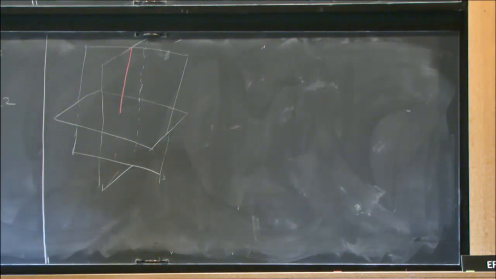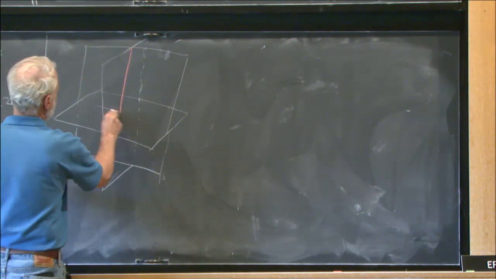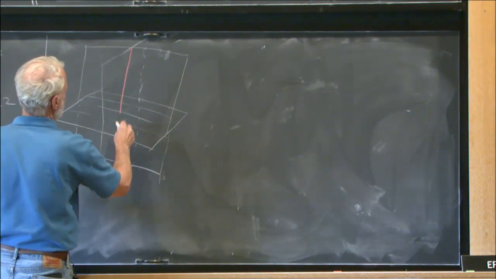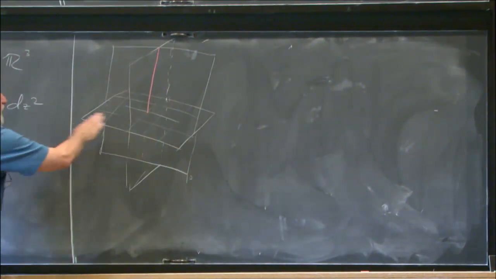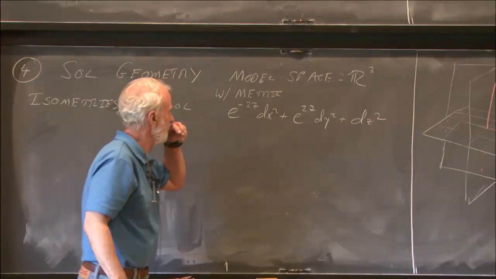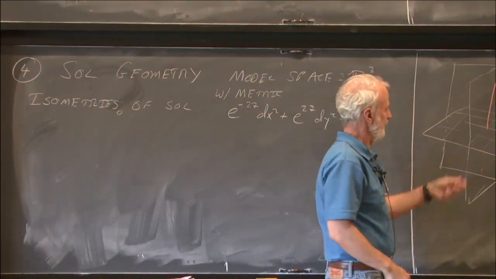There are these foliations by x direction and y direction. I have a Euclidean metric here scaled in a certain way at any given level.